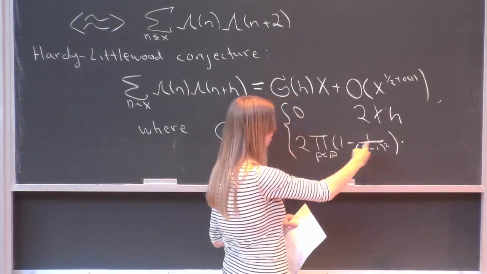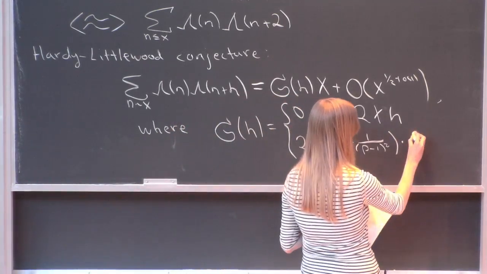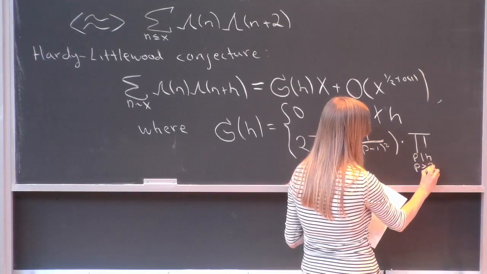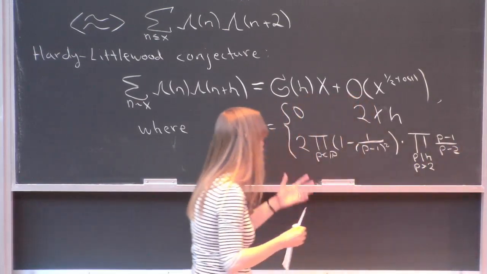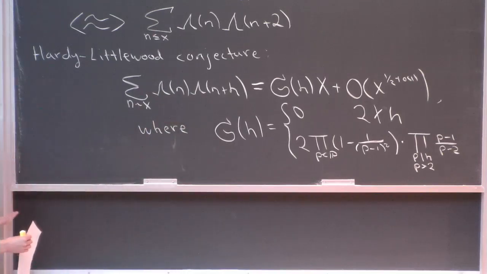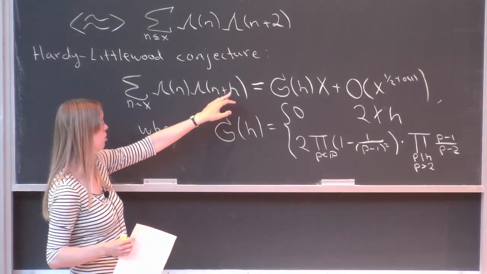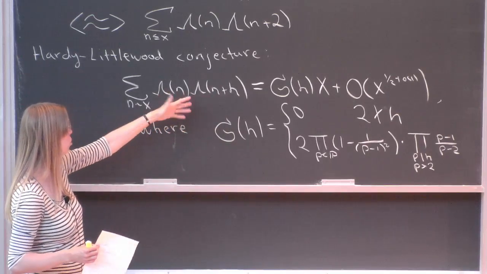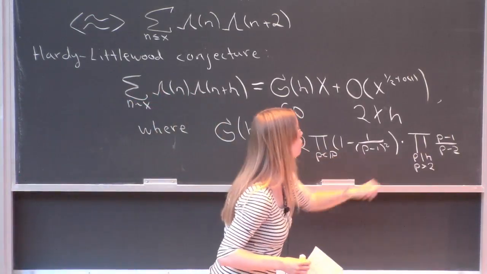So this is the so-called twin prime constant, but there is something depending on h as well, which is a product over p dividing h, p greater than 2, of (p minus 1)/(p minus 2). So this essentially corresponds to the probability that both of these are primes, because there are some obstructions which affect this modulo small primes. For instance, if h is 3, then in order for both of these to be prime, n must be 1 or 2 mod 3, not 0 mod 3. So there are some things that come into this singular series.